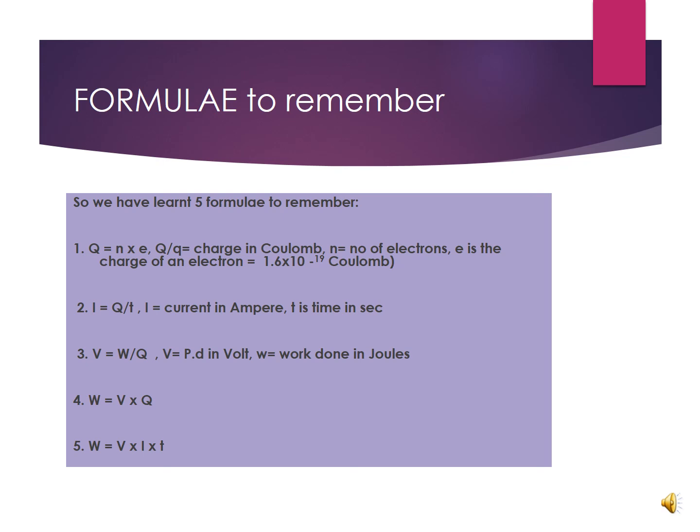N is the number of electrons. E is the charge of an electron, which is equivalent to 1.6 into 10 to the minus 19 coulomb. Second formula, I is equal to Q by T, or Q is equal to I into T, where I is current in ampere, T is time in second.